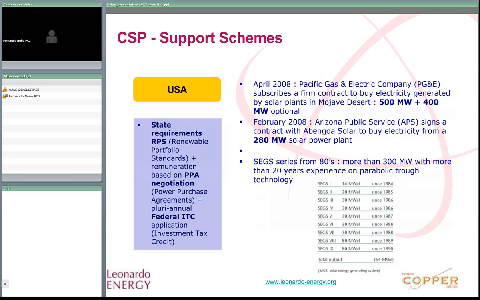But on more current basis, we find in February an agreement between Arizona Public Service and Abengoa Solar to build a 280 megawatt solar power plant. And in April, Pacific Gas and Electric subscribed a firm contract to buy electricity generated from solar plants in Mojave Desert, 500 megawatts plus optional 400 megawatts.